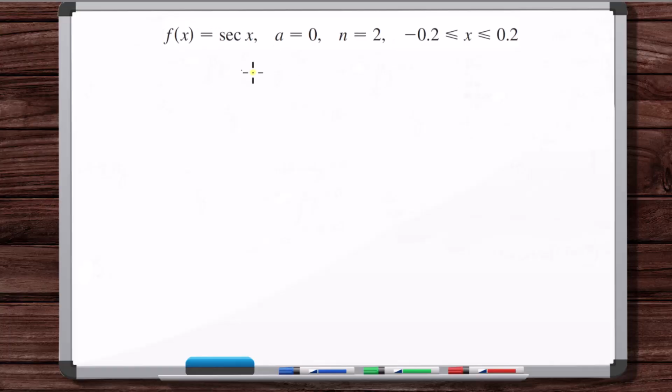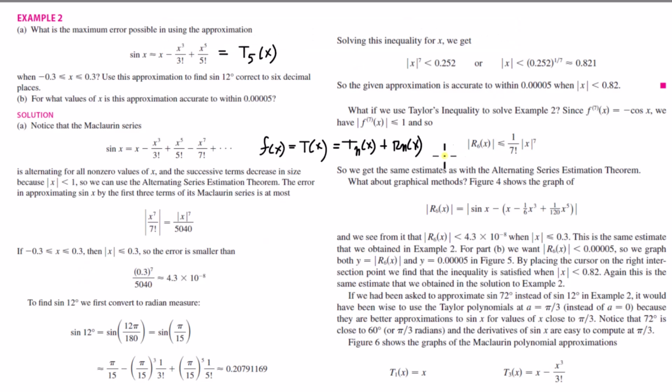However, when I worked this example problem that way, got the answer, and checked the back of the book, I saw that the answer in the back of the textbook for this problem is based on plugging in R sub 5, n is equal to 5, into Taylor's inequality. And it doesn't matter that you're looking at the n plus 1th derivative that's associated with a 0 term with Taylor's inequality. It doesn't matter.